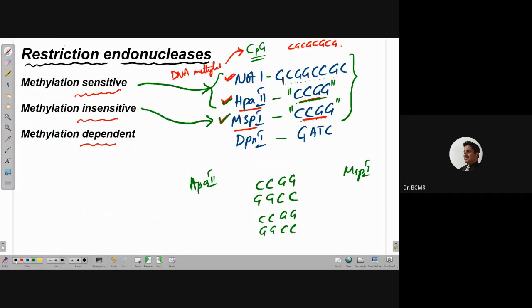And I'm putting this one as methylated. There are two recognition sites, CCGG and CCGG. HpaII can cleave the unmethylated one, but cannot cleave methylated strands. If we take MspI, it can cleave unmethylated and also methylated target sites.